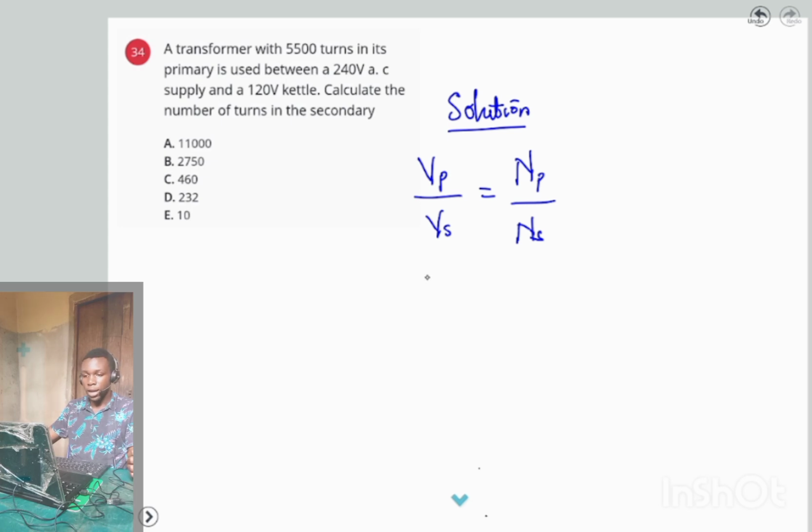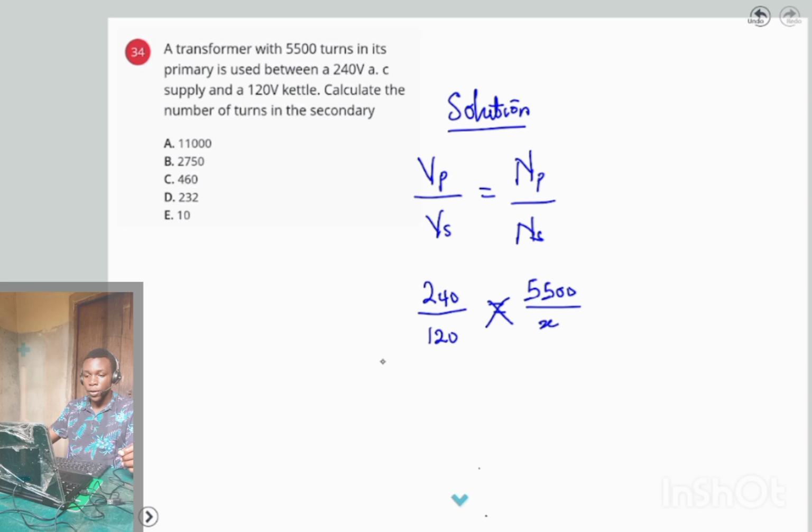The voltage in the primary coil, which is the input voltage, is 240 volts, over the output voltage, which is 120 volts, equal to the number of turns in the primary coil, 5,500 turns, all over the number of turns in the secondary coil, which we'll say is X. Bear it in mind that this is a step down transformer, whereby the output voltage is less than the input voltage. So let's cross multiply in order to convert this to a linear expression.